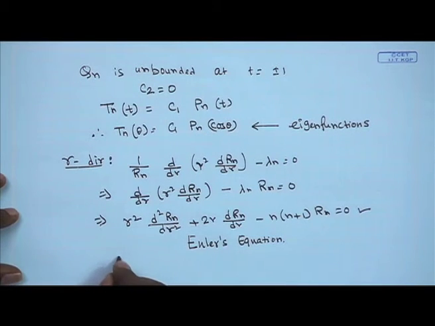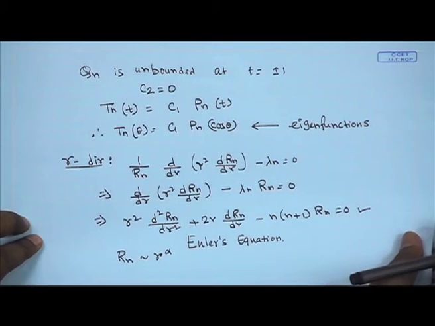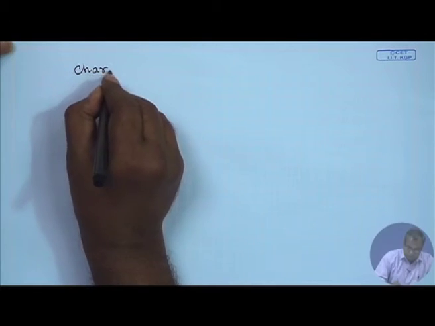We have already discussed that the solution will be in the form of r to the power alpha. So, if we put r to the power alpha there, then we will be getting a characteristic equation in alpha.